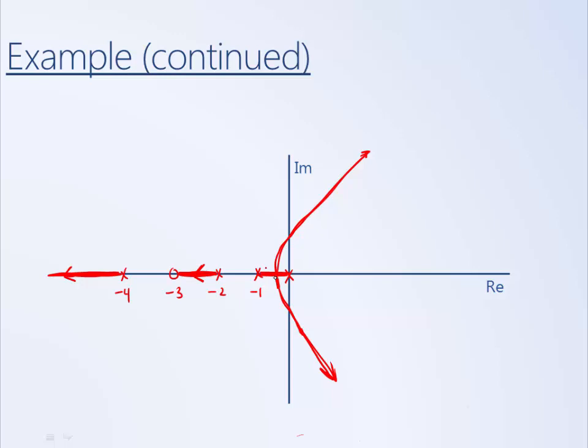Always remember to put arrows indicating the directions that the poles are moving, where we start at small values of k approaching 0, and we move in the direction of increasing k.